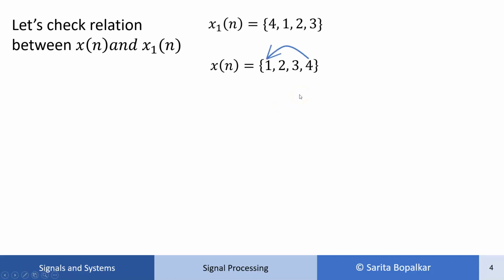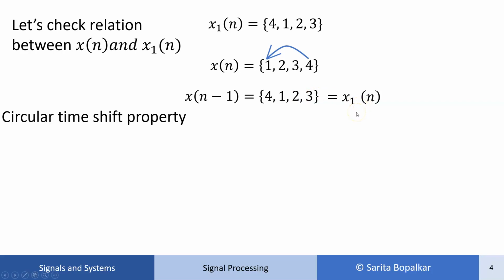We'll take one anticlockwise shift and find x(n-1). x(n-1) is 4, 1, 2, 3, and that is nothing but our x1(n). That means when we add a circular delay by 1 unit in x(n), we get x1(n). So here we can use the circular time shifting property to find X1(k).